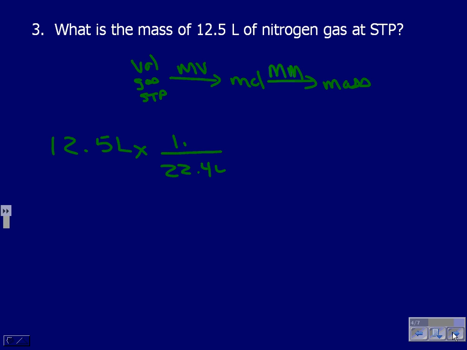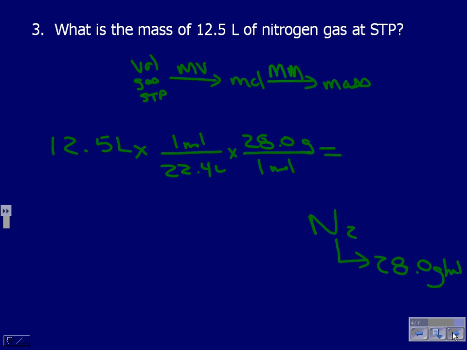22.4 liters, 1 mole. Molar mass of N2, what is that? 14 times 2, 28 grams per mole. I need moles on the bottom because I need grams out. 1 mole, 28.0 grams. What's the mass of that gas?